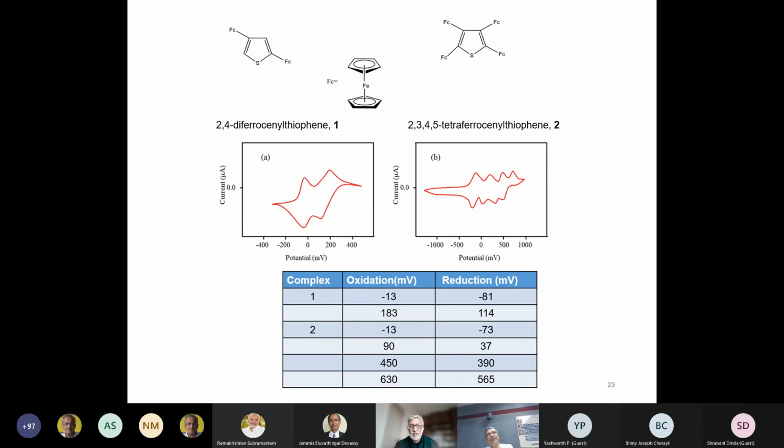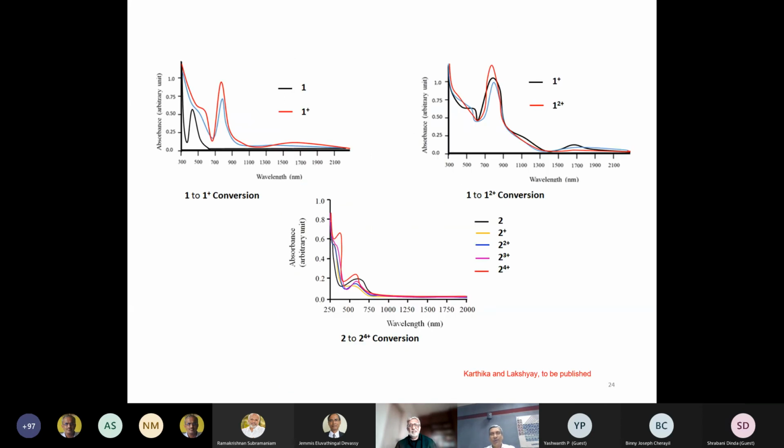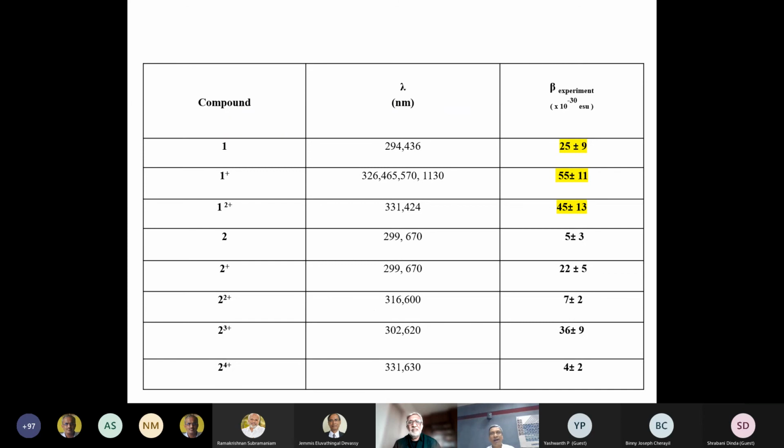And it turns out that the cyclopentadiene and the thiophene, all the pi electrons, are not in the same plane. There's a twist. Because of that, you don't see a very high beta value. And here are the beta values which are highlighted for 1. If you do 1 electron oxidation, it increases from 25 to 55.